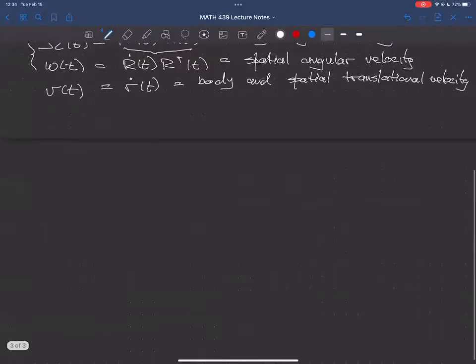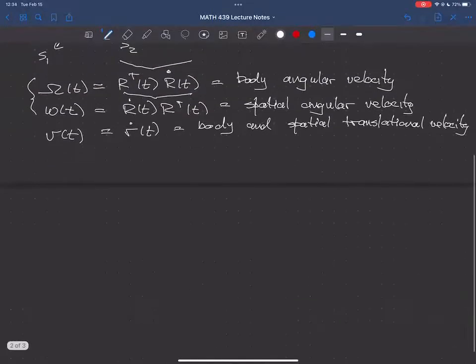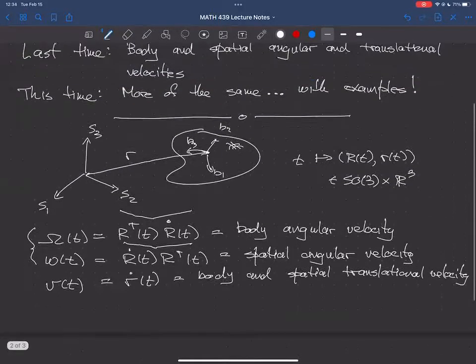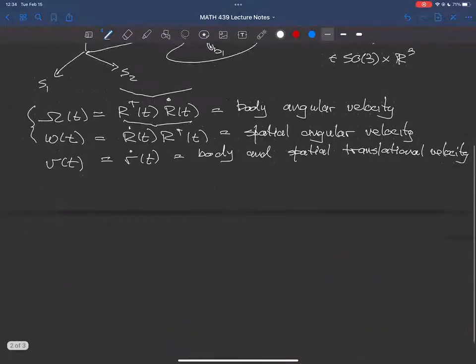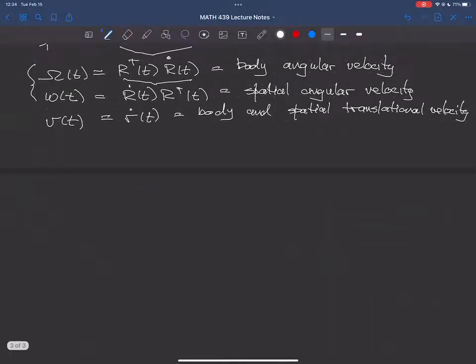Okay. So the way I've talked about these velocities so far is I've thought about taking a rigid body and having it be in motion. Well, you can do the same kind of thing not just for a single rigid body, but for an interconnected mechanical system.